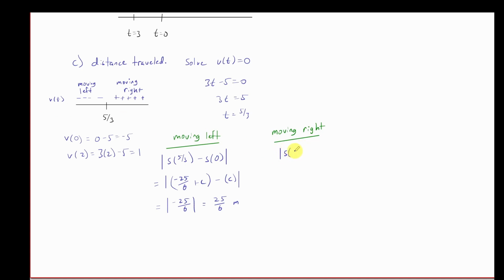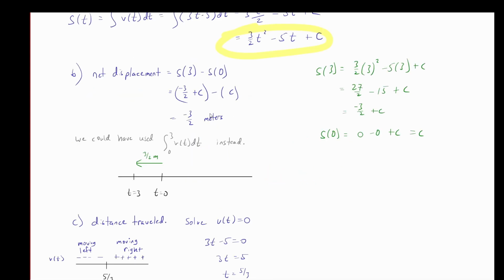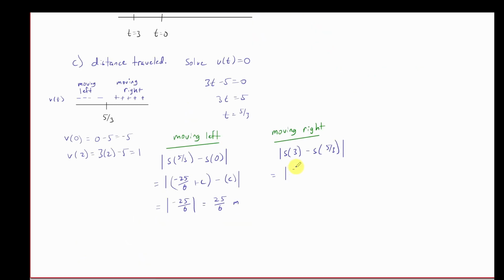So we'll have s of 3 minus s of 5/3. Earlier we found that s of 3 was negative 3/2 plus c. S of 5/3 is negative 25/6 plus c. Once again, I have a plus c here, and when I distribute the negative, we'll have a minus c over here.